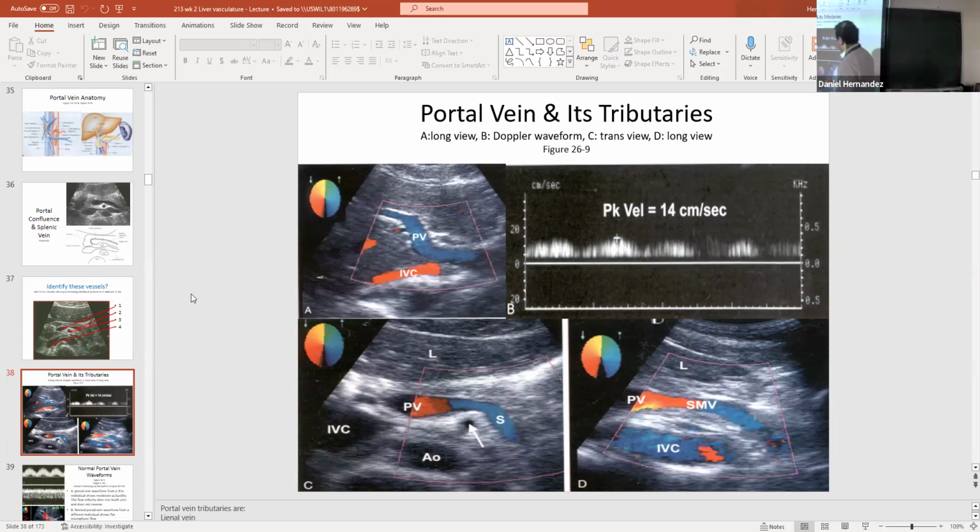In transverse is the splenic vein draining into the portal confluence. In transverse, we see the SMA, right? Yes. But then when we turn, we're seeing SMV and not SMA. Yes, to get SMA in this plane, you're tilted a little more towards the right.